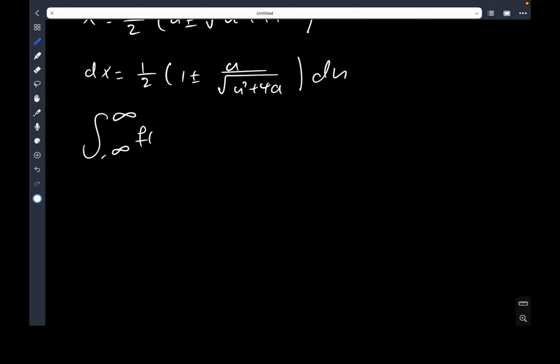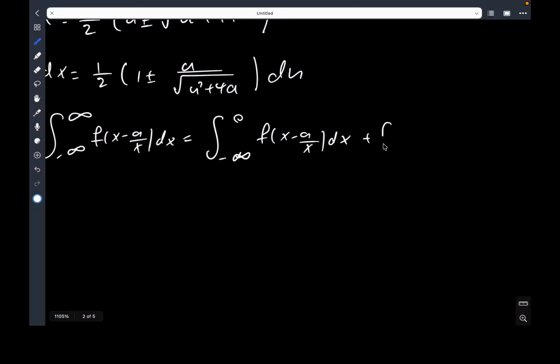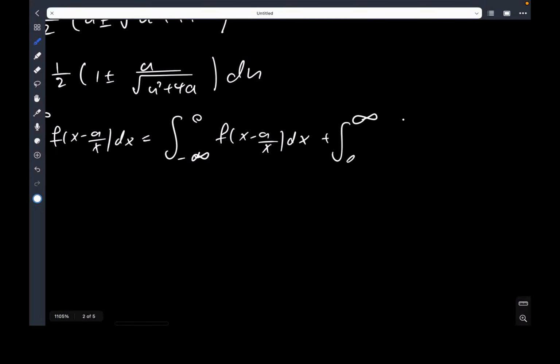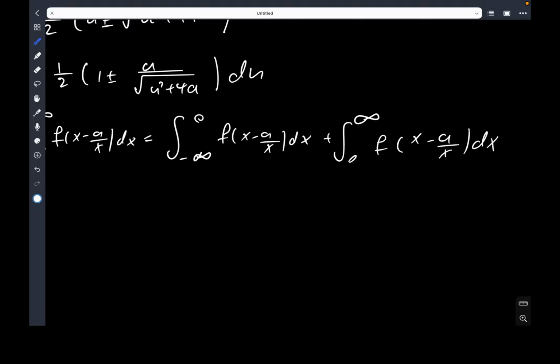The integral of f of x minus a over x dx equals, I'm gonna write it as this expression, the integral from 0 to infinity of f of x minus a over x dx.